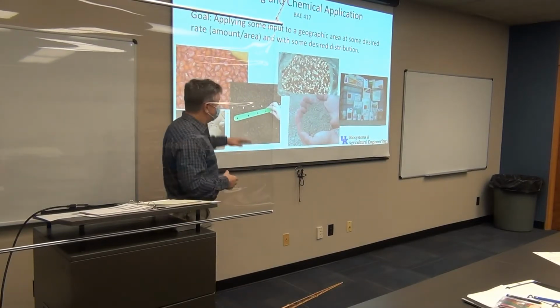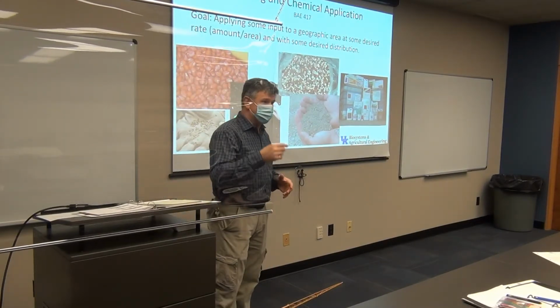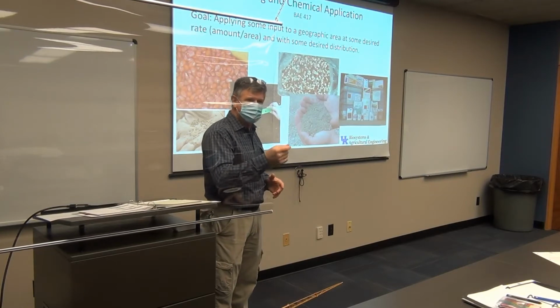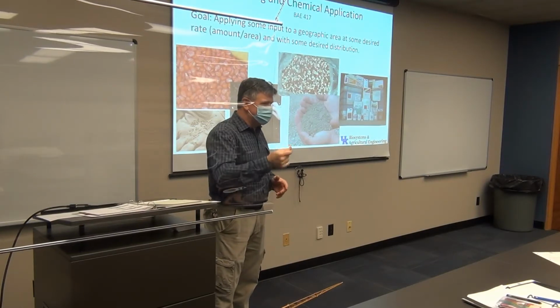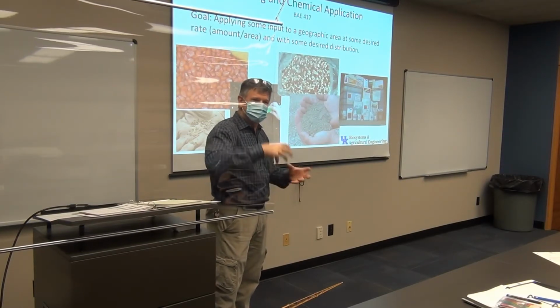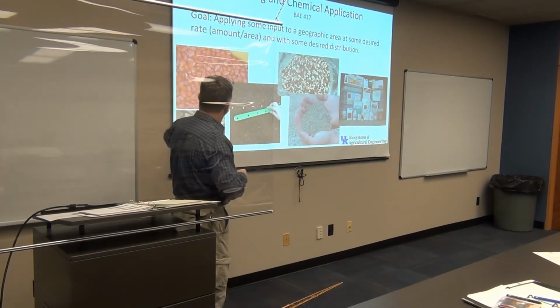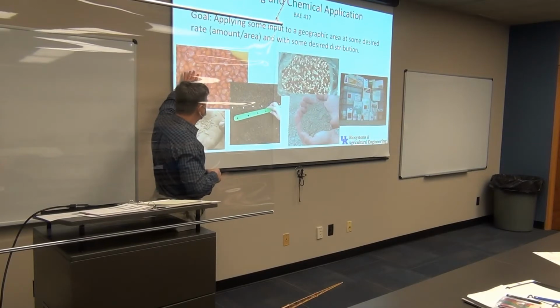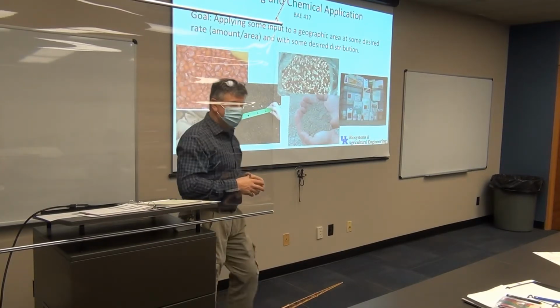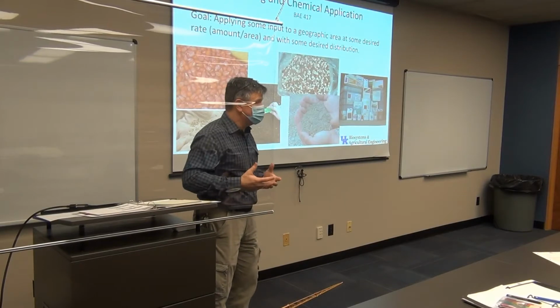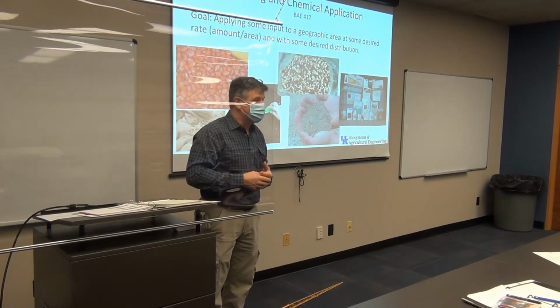Sometimes those are germination aids, so there'll be a little bit of nutrients in there to give them a juice to get the seeds started. So there's a lot of coatings and preparations that we use on seeds before we put them out in the field.